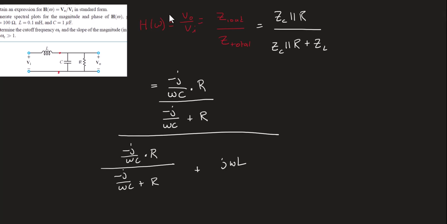Now, that's not in standard form by any stretch of the imagination, so we need to get it into standard form. The first thing we can do is get rid of these complex fractions.